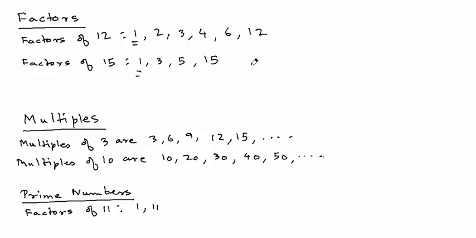On the other hand, numbers like 15, numbers like 12 that are not prime, having more than two factors, are called composite numbers. 15 also qualifies as a composite number. So you have primes, you have composites.